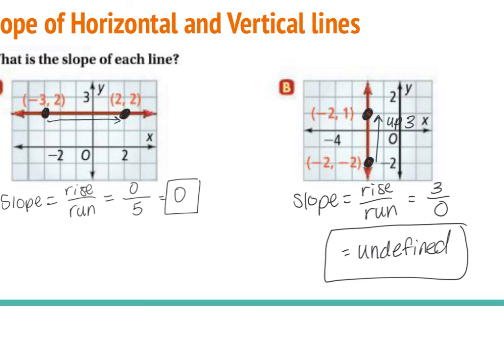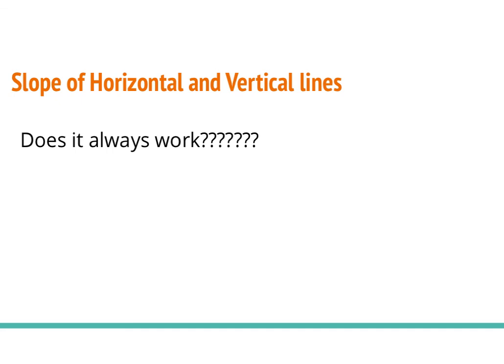And guys, this is true for all horizontal and vertical lines. So whenever you have a purely horizontal line, that means it doesn't change in the vertical direction at all. Your slope will always be 0. And the same thing for a vertical line. If your slope is ever undefined, it's going to be a vertical line. So on the next page, go ahead and write down those two.